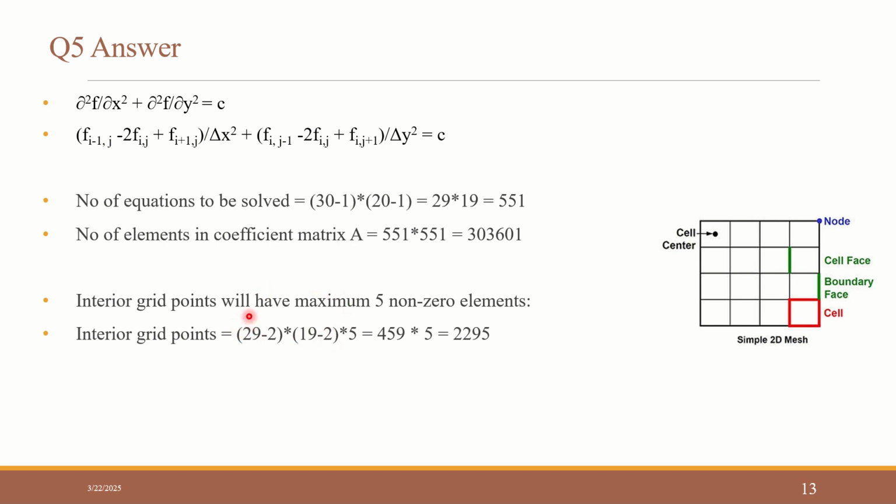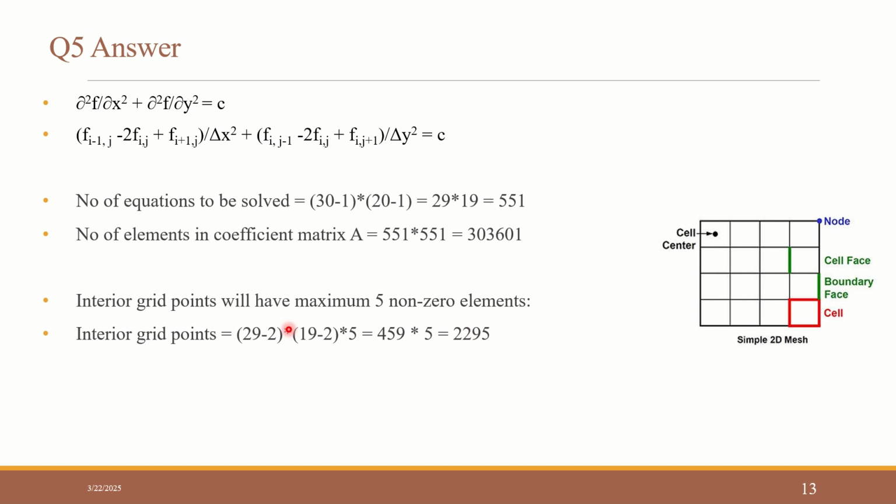These many interior grid points will have 5 non-zero elements, so we are counting 5 non-zero elements for these points. So it is 29 minus 2 into 19 minus 2 into 5, because 5 non-zero elements are present in the interior grid points. So we are getting 459 into 5, that is 2295.